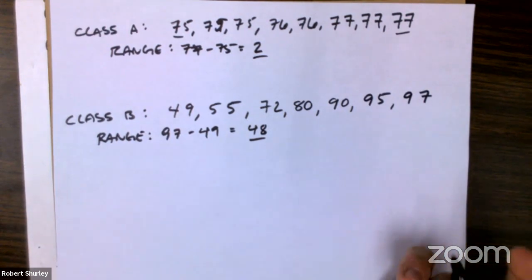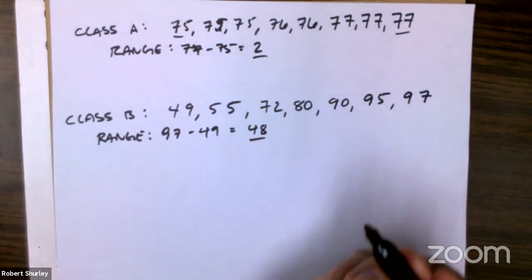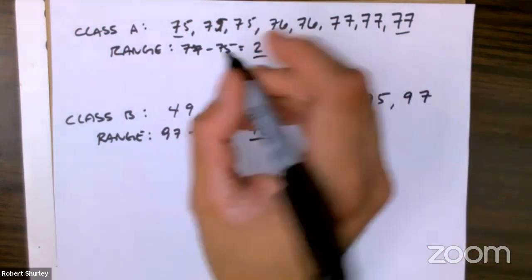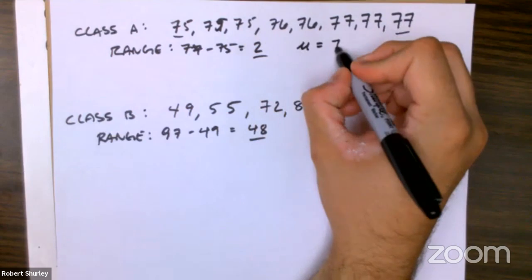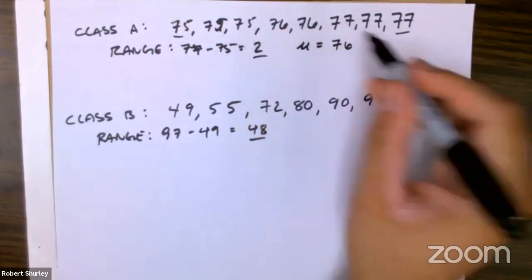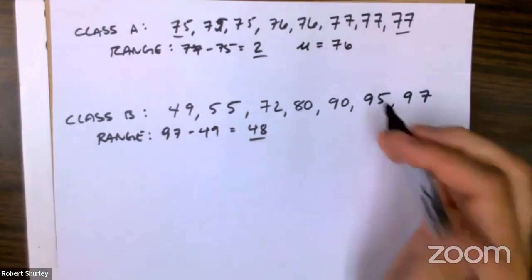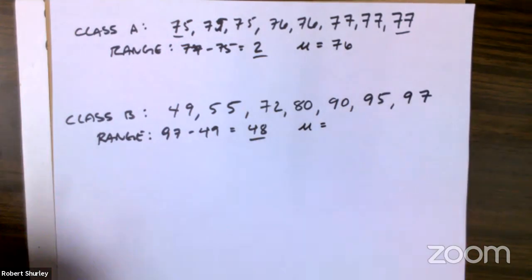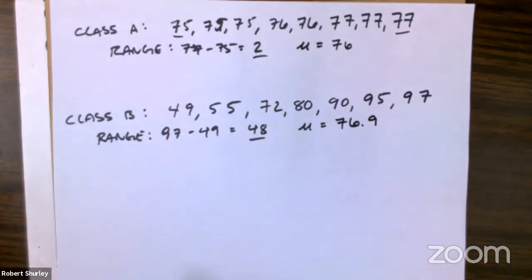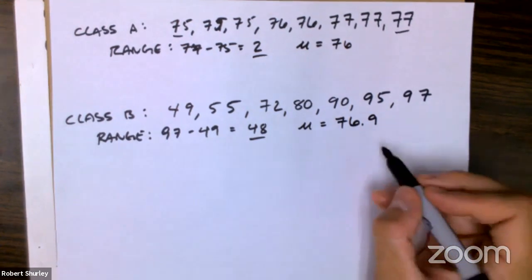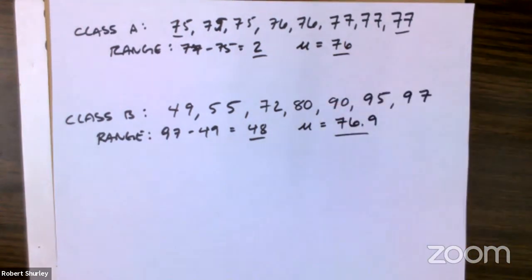But let's look at the means real fast. I'm going to consider these a population. The mean for this top one is going to be 76, just because it's perfectly symmetric. The mean of the bottom one is 76.9. Almost identical, right?